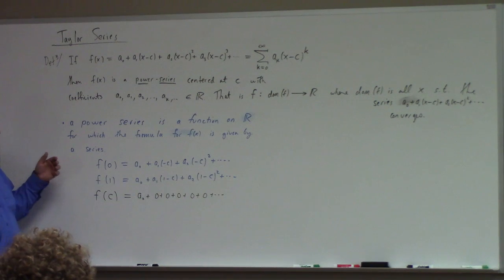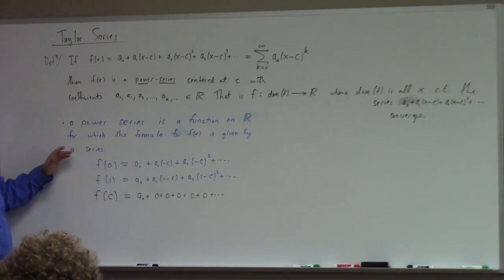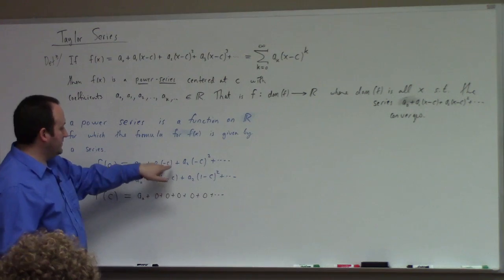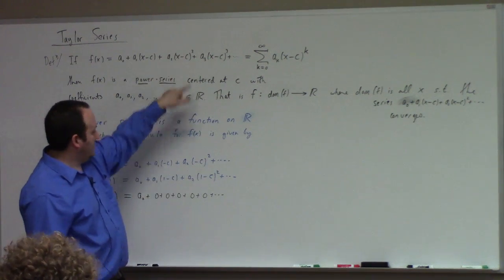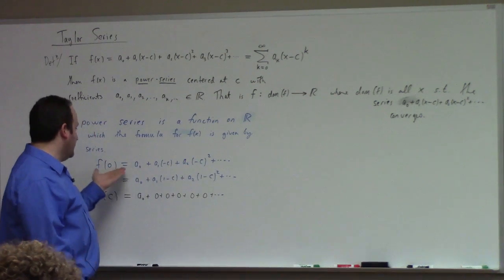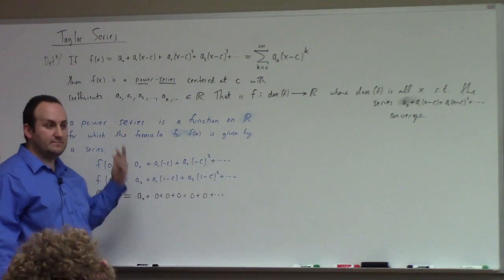So if I plug in 0, what happens? I get a sub 0, then 0 minus c, which is just minus c, and then 0 minus c squared, and so forth. So here's the value of the power series at 0.